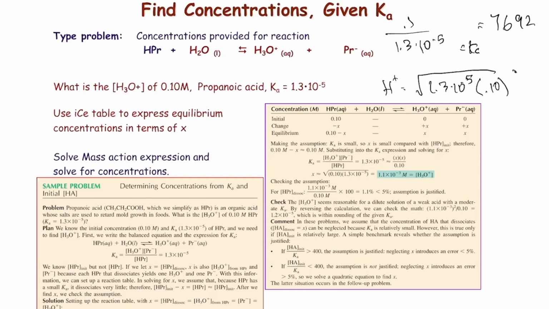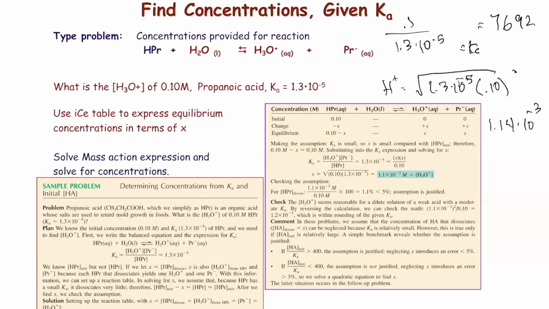Again, showing you the tricks of the trade here. If I take 1.3 times 10 to the minus 5 and multiply it by 0.1, that's 1.3 times 10 to the minus 6. So I'm going to punch that into my calculator, and then take the square root of that. And so my hydronium ion concentration is 1.14 times 10 to the minus 3.